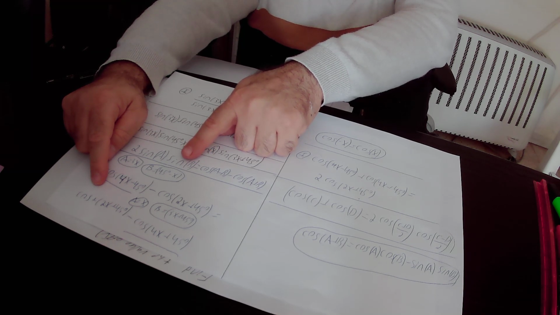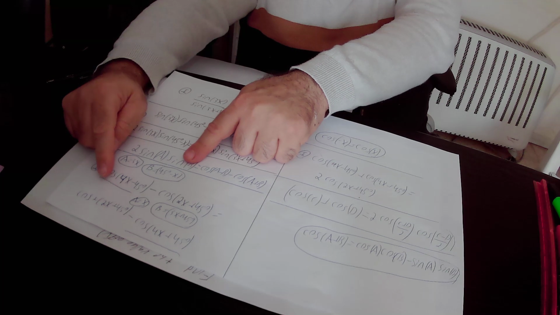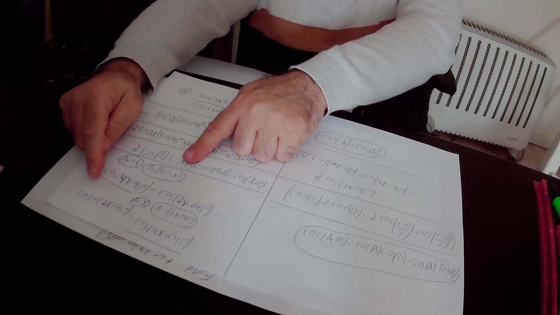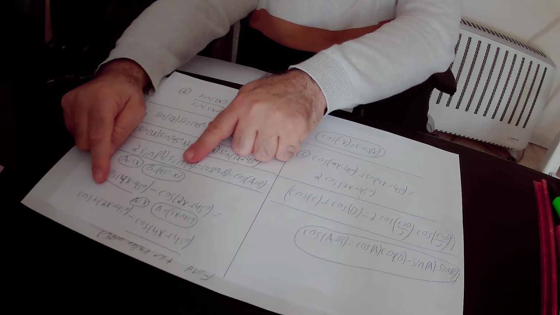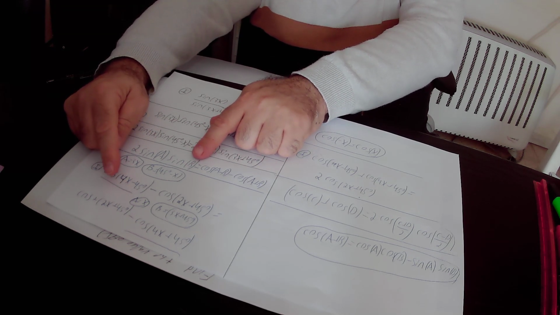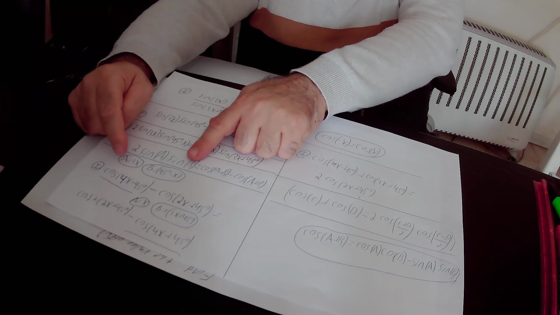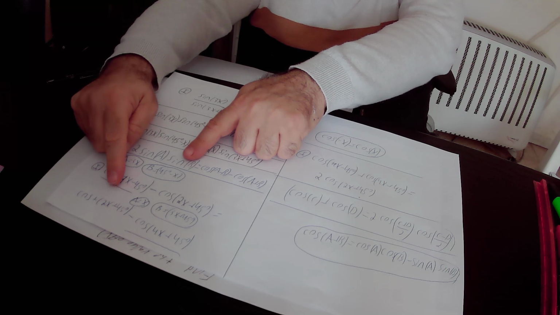So 3x minus x is 2x, and we also have 0 minus 45 degrees, which is minus 45 degrees.